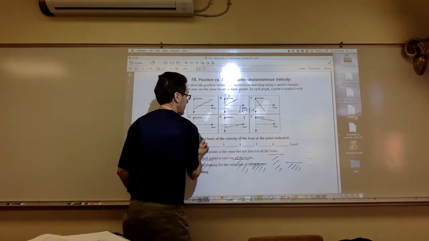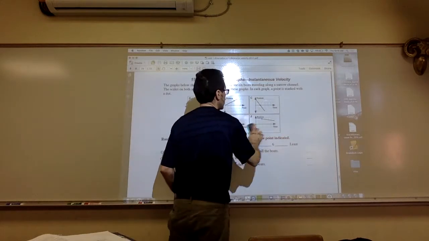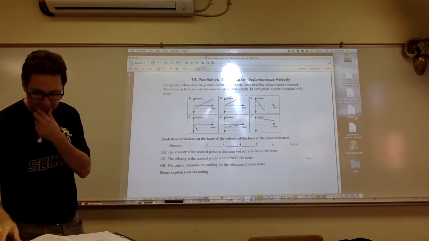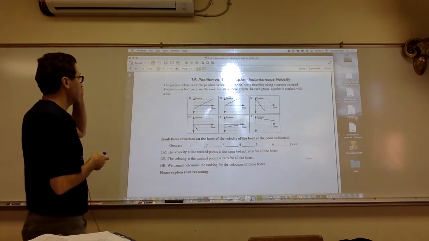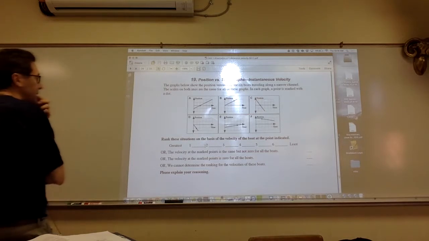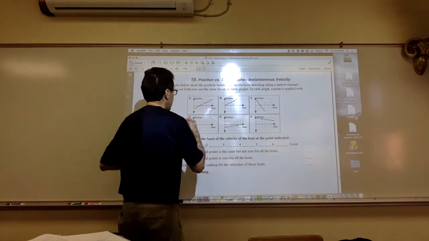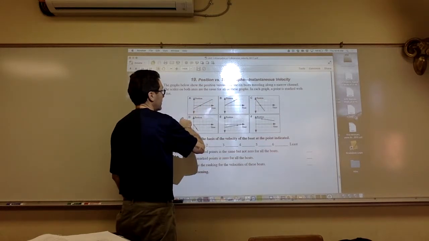Okay. Number 19. For number 19, this is talking about the instantaneous velocity, right? So rank these situations on the basis of velocity at the point indicated. Since this is a position-time graph, the velocity is just the slope of that line.